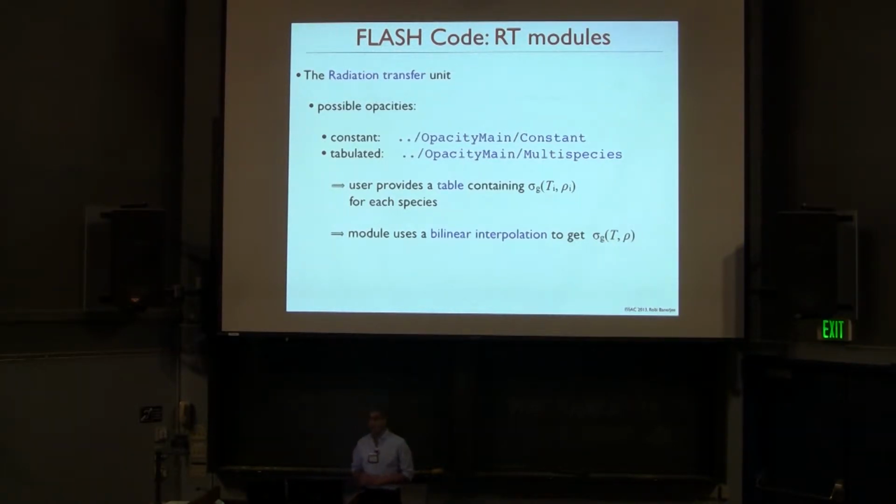This table has two keys, namely the temperature and the density of the particular species you look at, so your ions or electrons in particular. And what this call does for you is a bilinear interpolation. That is the simplest thing you can do in this temperature density space to interpolate your opacities between the given tabulated values and the values you really want for your given temperature and density.